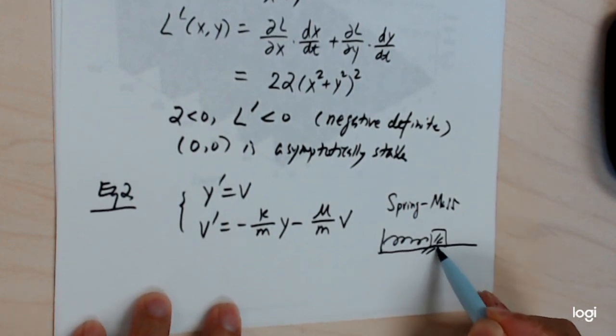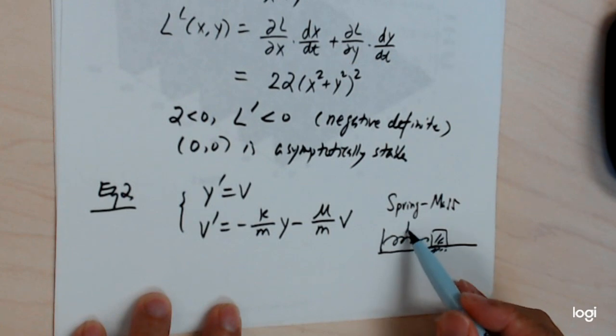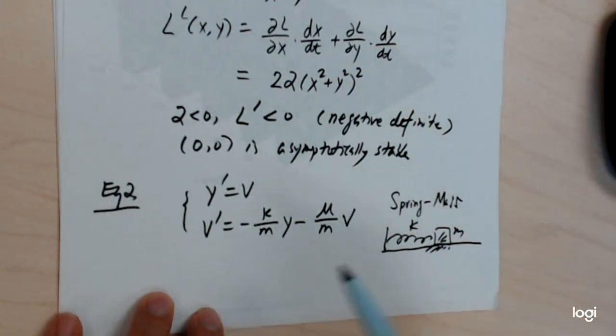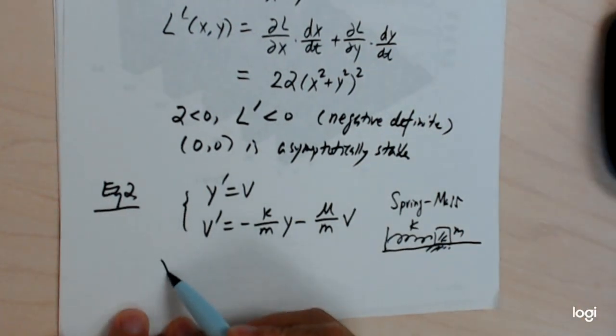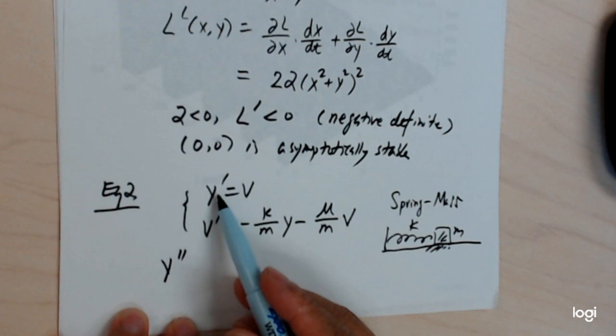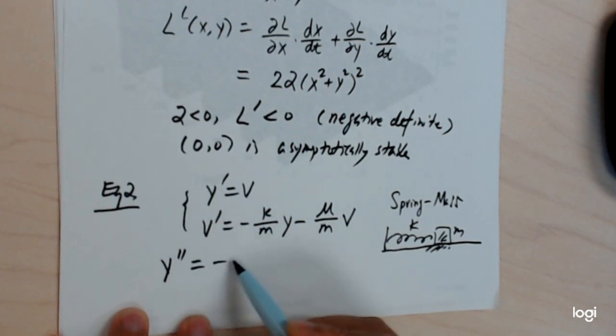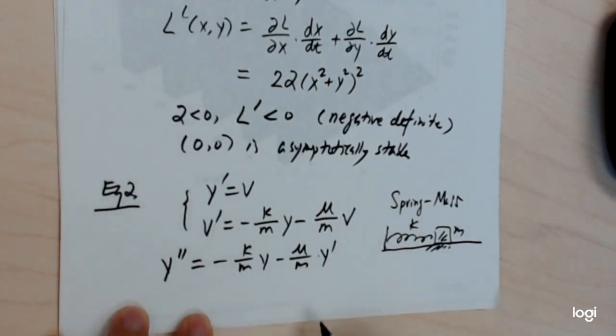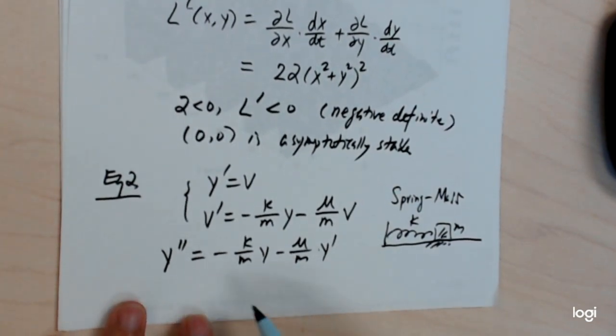There is some friction with the surface here, and there is spring constant k. The mass of this object is m. When you do second derivative of y, you get phi prime, which equals this guy here. The phi here, of course, is y prime. So this ends up with a single equation about y.